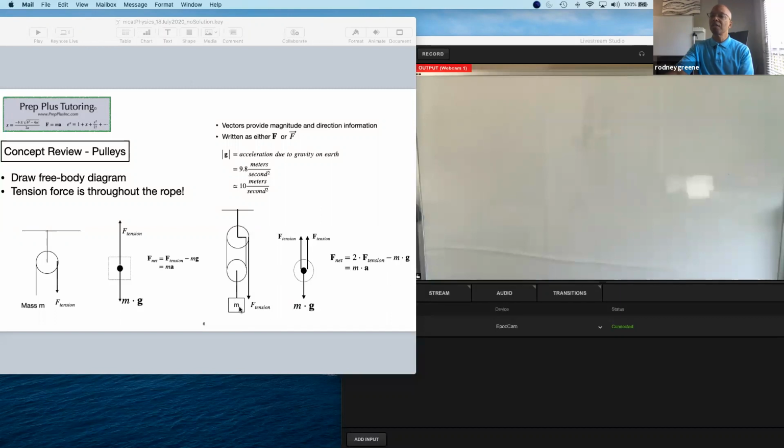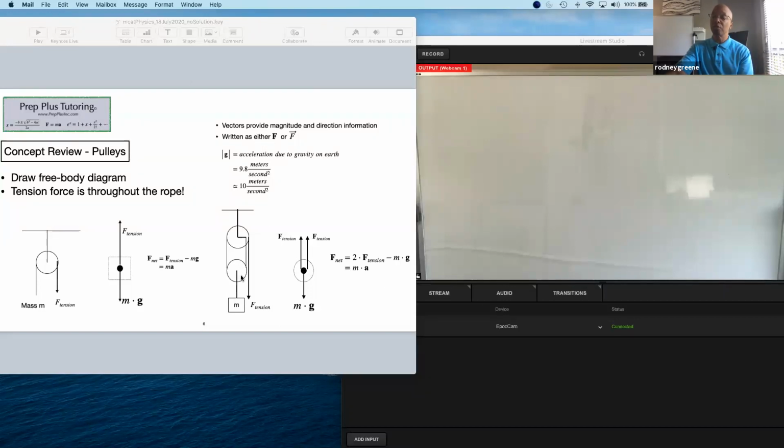Now, technically, in a physical problem, this pulley would also have a mass. I can bet you 99% of the time, the question is going to say that all the pulleys are massless. So you don't have to worry about force due to gravity due to the individual pulleys. I'm not going to guarantee it, but usually they do say the pulleys are massless.